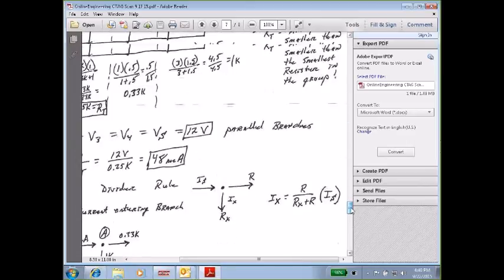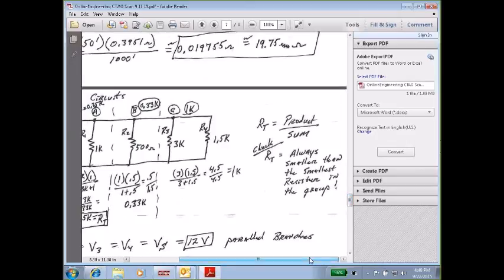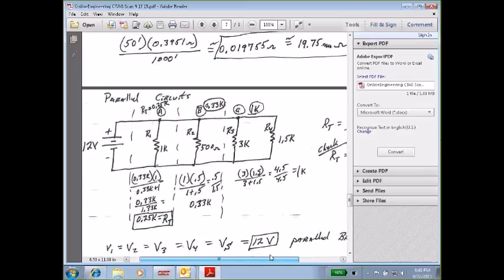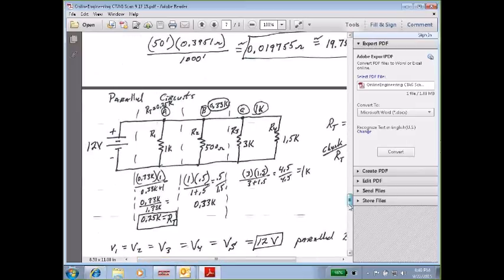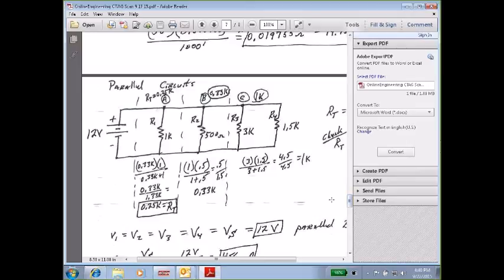And then we have a little shortcut that we can do to find the total resistance. If you've got a group that's in parallel and they are all the same value, then you can take the value of one of them divided by the number of them that you have and come up with the total resistance.